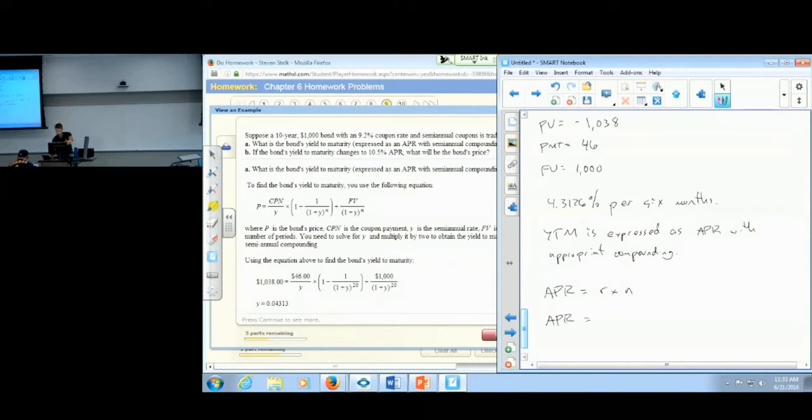So our APR is equal to, doesn't matter in this case if you do it as a decimal or a percentage, that 4.3126% times 2. It's paying semi-annually. We have 2 periods per year. So that's what, 8.62?